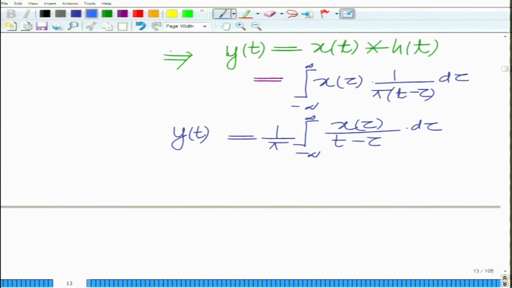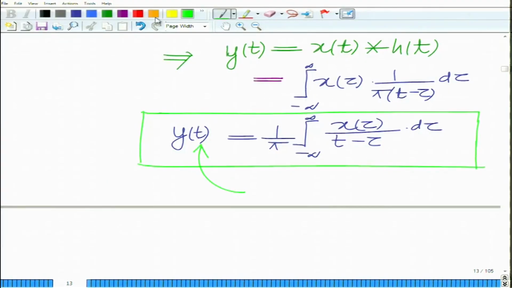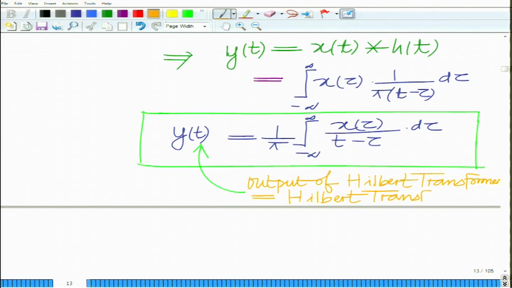So, this y of t, the output of the Hilbert transformer, is also known as the Hilbert transform of the signal x of t.